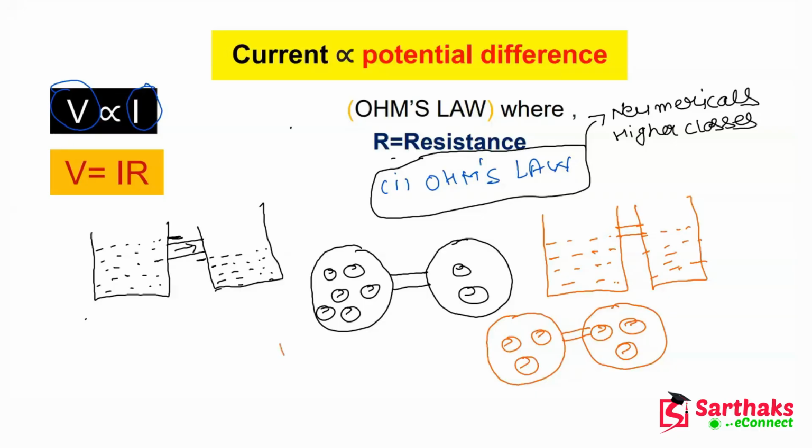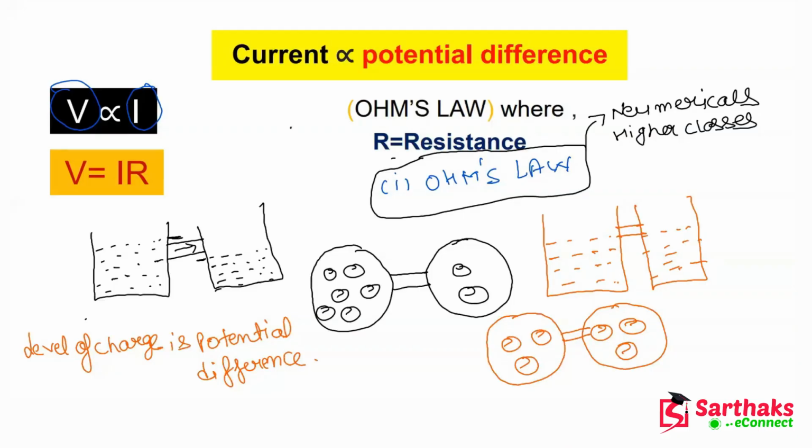In electricity, you can understand the level of charge as potential difference. In this case, there is a potential difference because this is at a higher level and this is at a lower level.